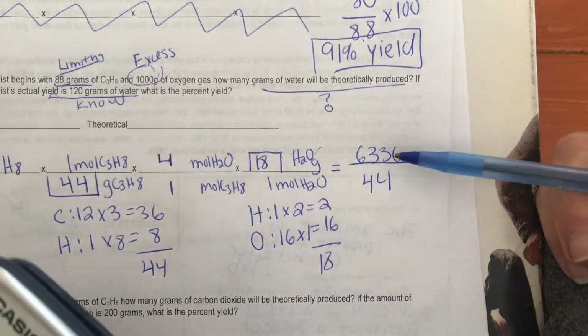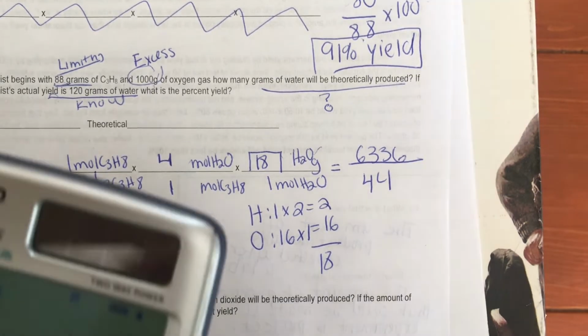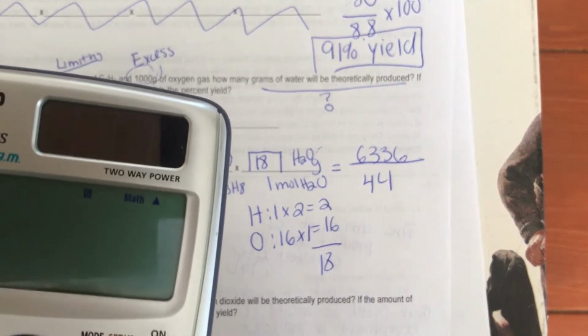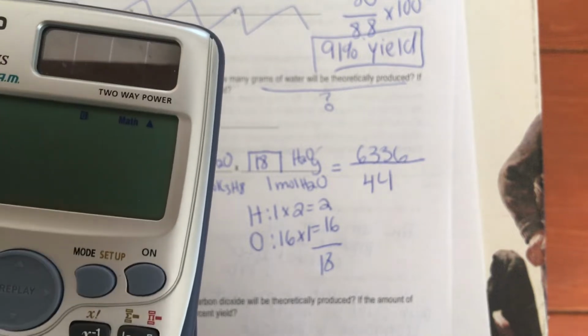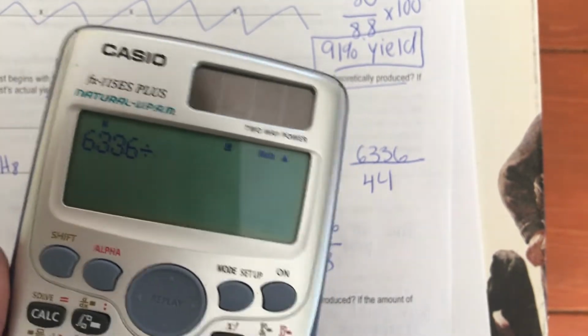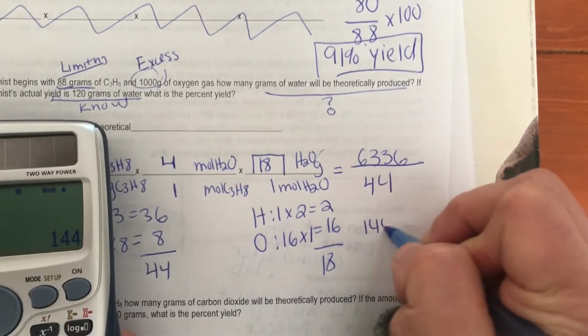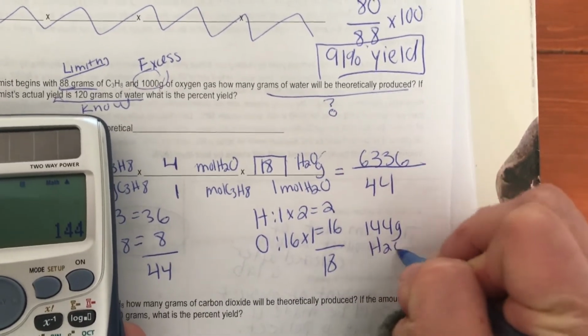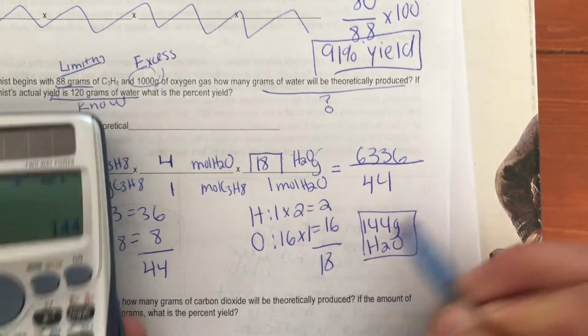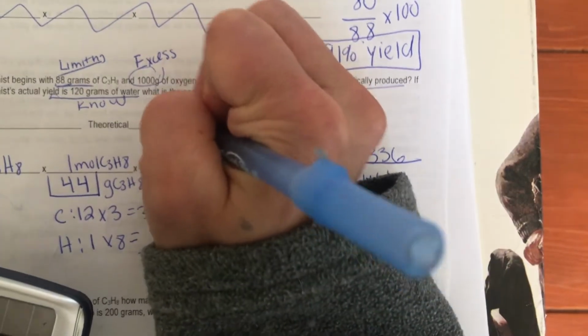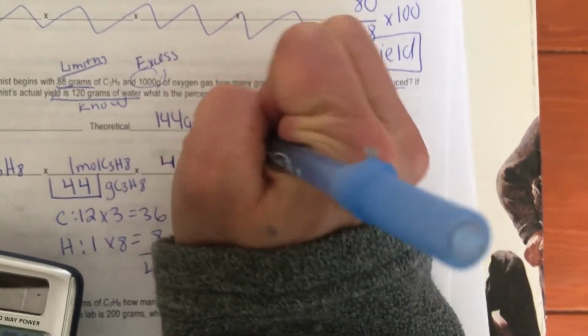So now I'm going to divide 6,336 divided by 44. 144 grams of H2O. So that's my theoretical yield. That's theoretically how many grams of H2O I could make.